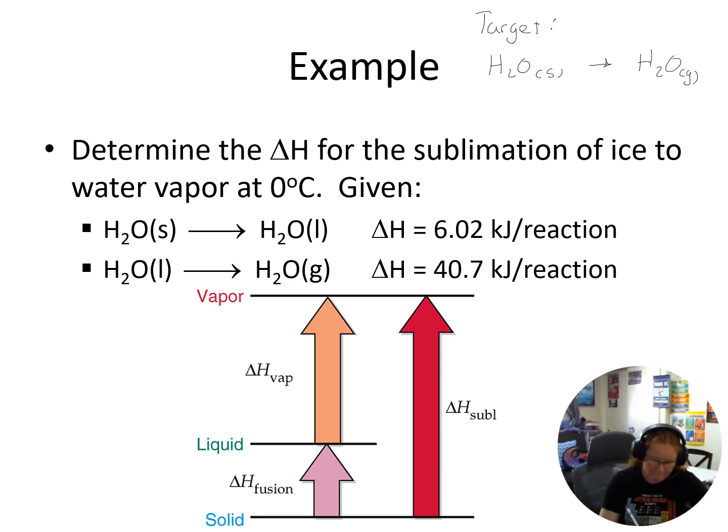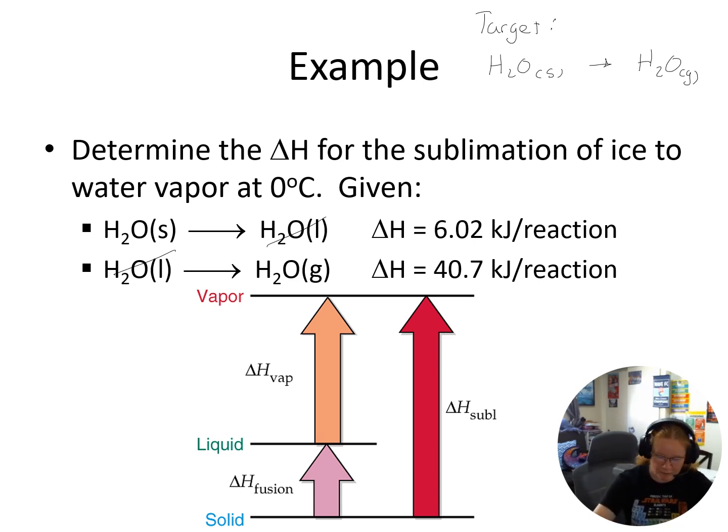Okay, so that's our target. Now when I look at this, liquid and liquid cancel out. Everything's at 1. Do I need to do anything fancy here? No. This one's easy. We're just going to sum those up.